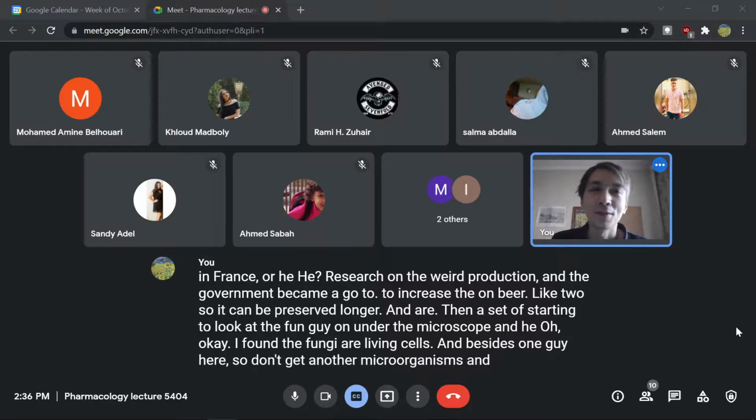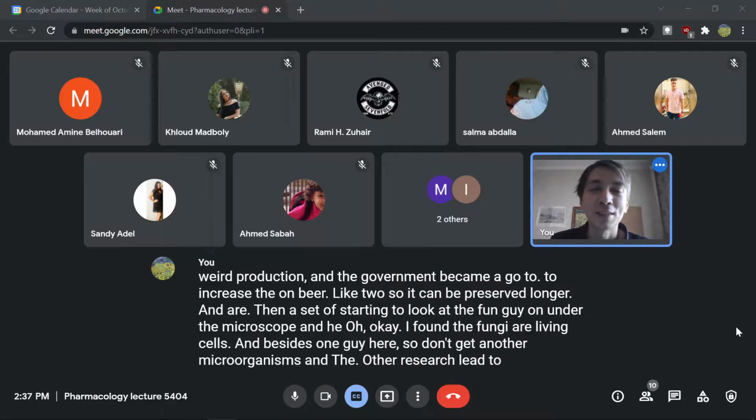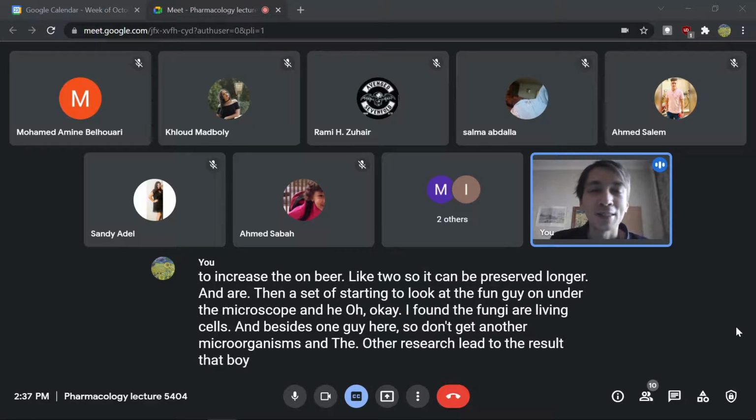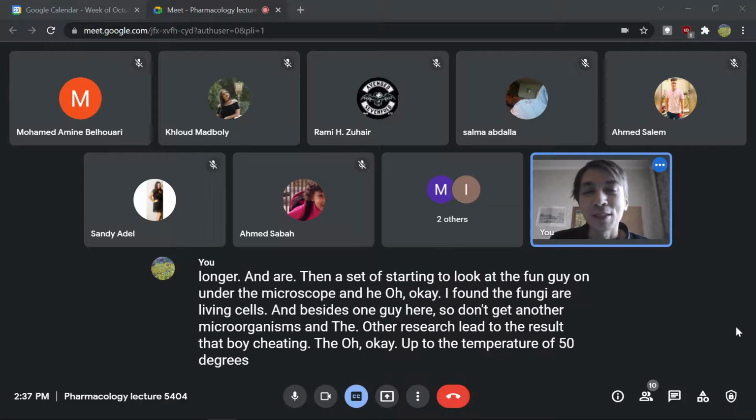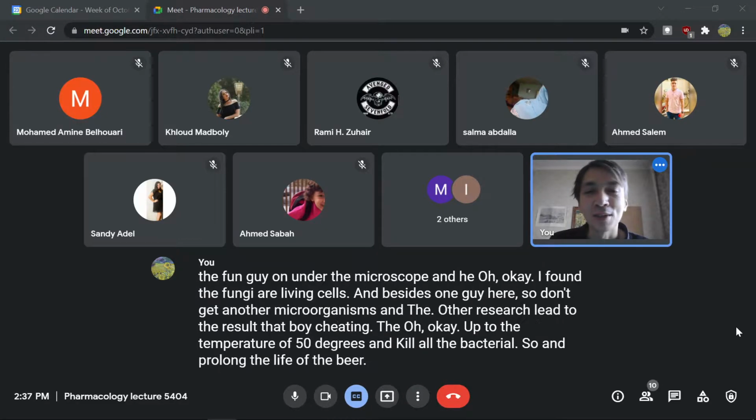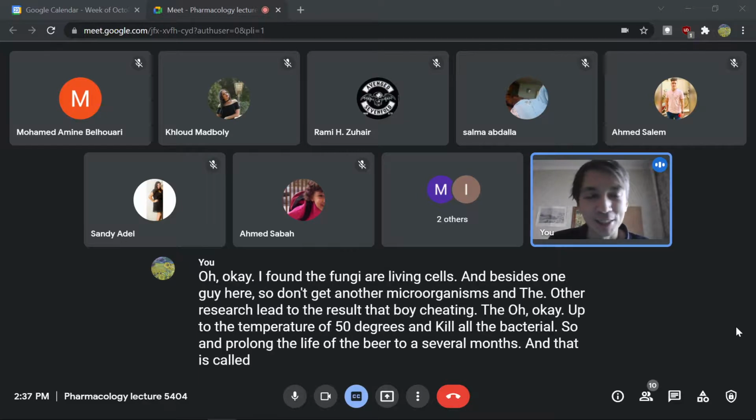the further research led to the result that heating the beer up to a temperature of 50 degrees can kill all the bacteria and prolong the life of the beer up to several months, and that is called pasteurization.